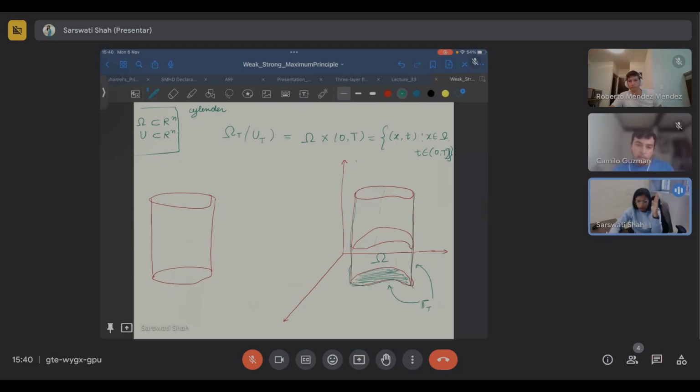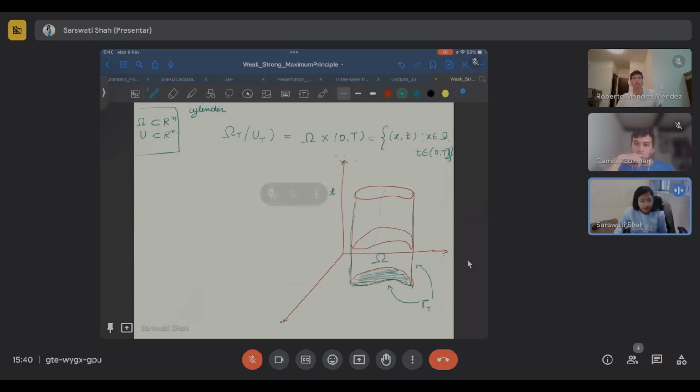Because you are heating the rod at this end or at this end, isn't it? So T will vary with which axis? This or this? Upward direction. So this is the direction of T. Everything is related to the same one-dimensional heat equation, so you don't need to worry.